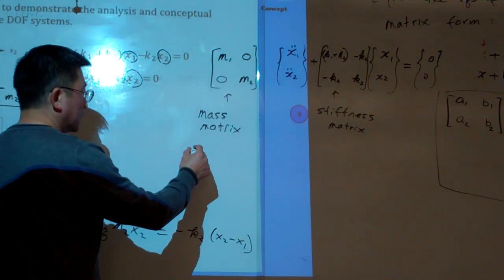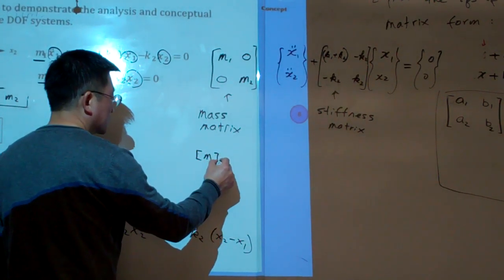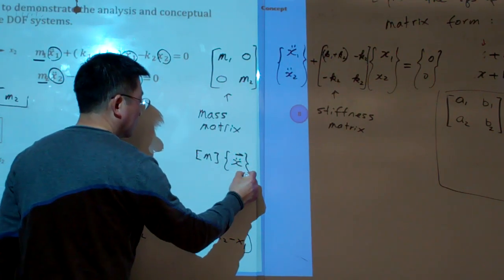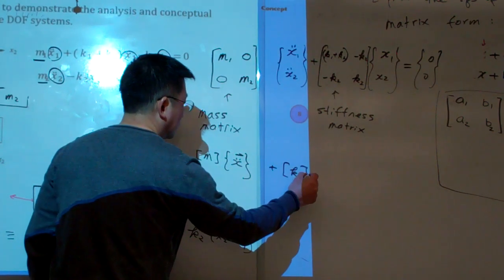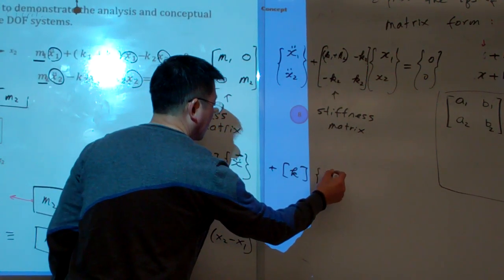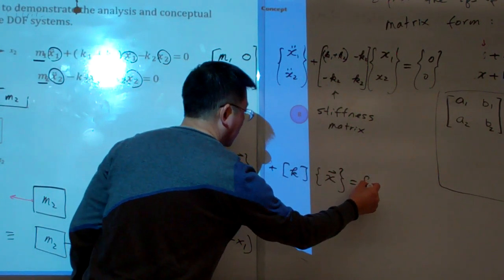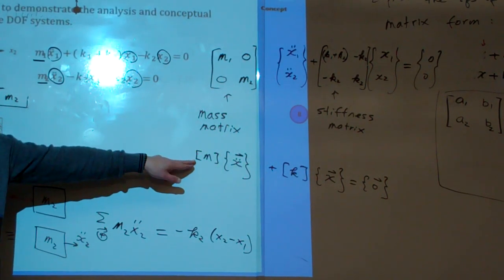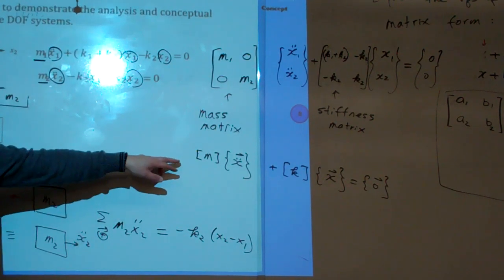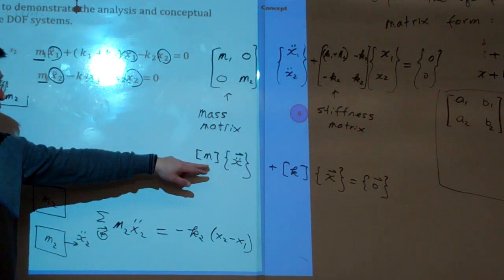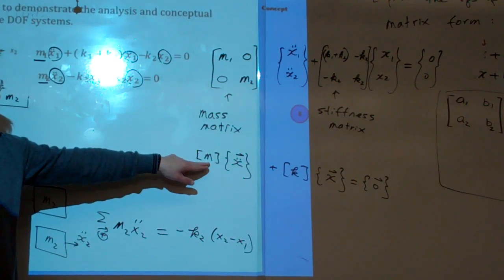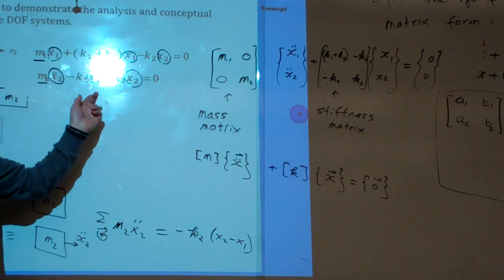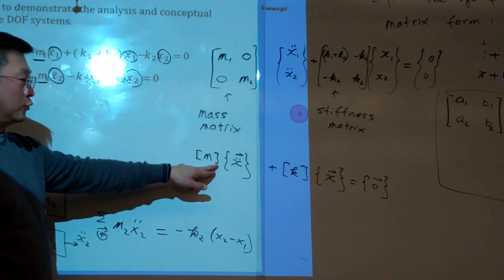Usually in our textbook we use these notations. They use the square bracket to indicate that it is a matrix, and simply use m as the symbol to indicate the mass matrix. So for 2 degrees of freedom, this is 2 by 2.